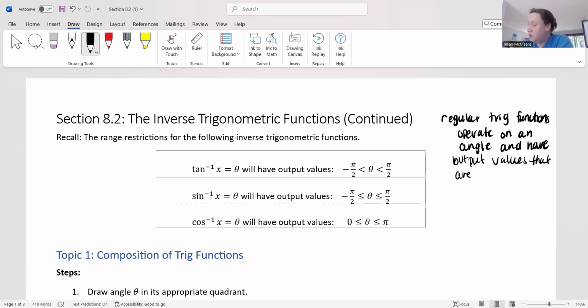So the trig functions operate on an angle, so that tells me that's the input, okay? And then we have output values that are essentially ratios, okay?